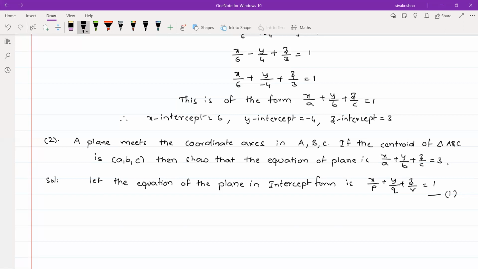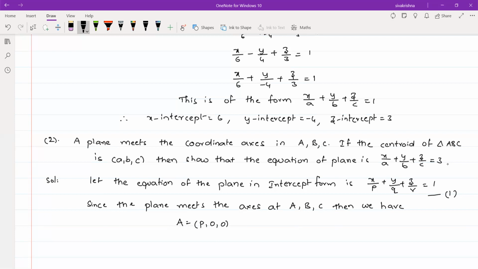Okay, right. So coming to the next point, since in our hypothesis the plane meets the axes, meaning the x-axis, y-axis and z-axis, at capital A, capital B, capital C, then capital A can be written as (p, 0, 0).